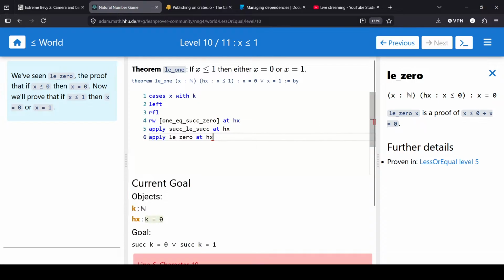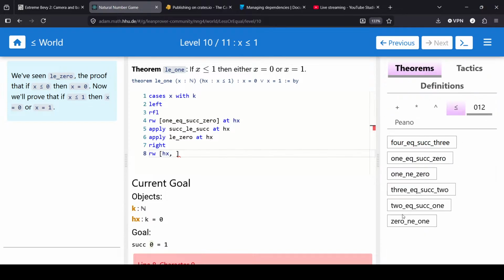Now I have k equals 0. Aha! And now I know I have to prove the right side. So I can substitute k with hx, yes. And that allows me to rewrite this using this guy, 1 equals suck 0. And then we can rfl.